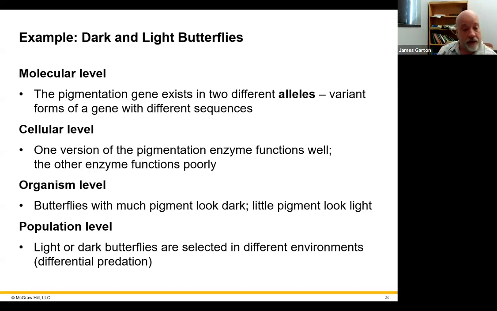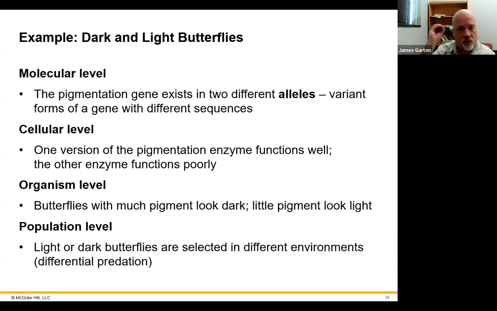And at the population level, the coloration of butterfly makes a big difference in their survivability. And this classic example was you have these dark and light butterflies, and they lived in forests. And this was written up in the 1800s, and it was written up in England. And at that time, there was a lot of pollution from coal-fired power plants.